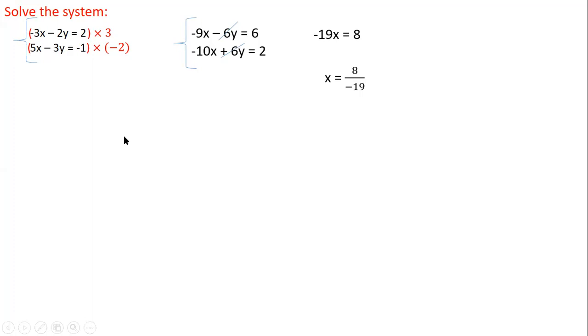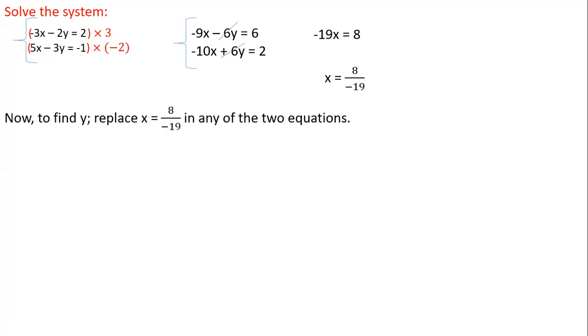Because it satisfies both. So as Mahdi said, to find Y, replace X equal 8 over minus 19 in any of the two equations. I chose equation 1, which is minus 3X minus 2Y equals 2. I will replace X by 8 over negative 19 to get Y.